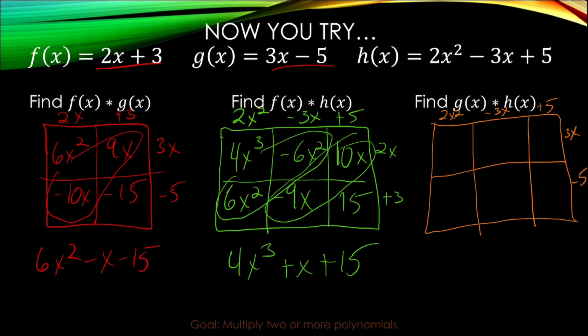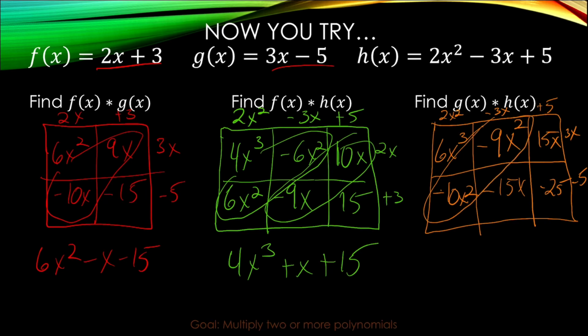So I get 6x to the third minus 9x squared plus 15x, negative 25, negative 15x, and then we get negative 10x squared.